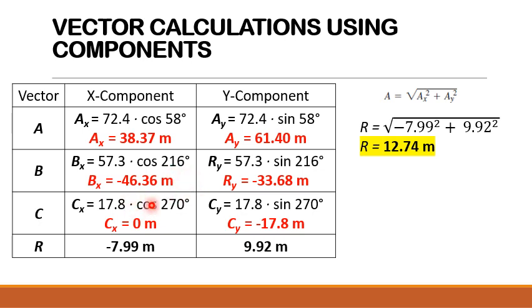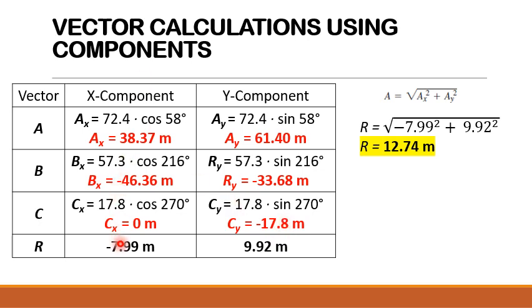We get this value, which is negative 46.36 meters. Likewise with the y component. And letter C, it only has a vertical component, therefore the x component is 0 and the y component is the sine of 270, which is negative 1, multiplied by 17.8, negative 17.8 meters.